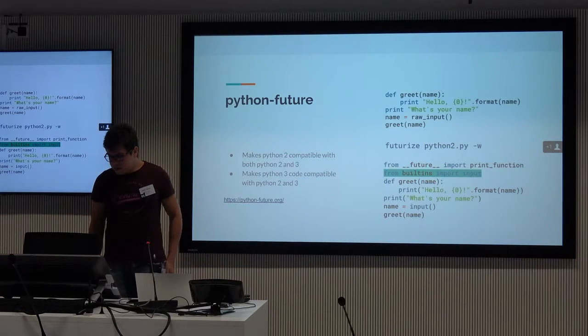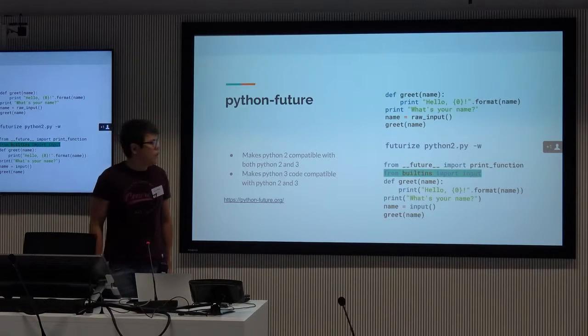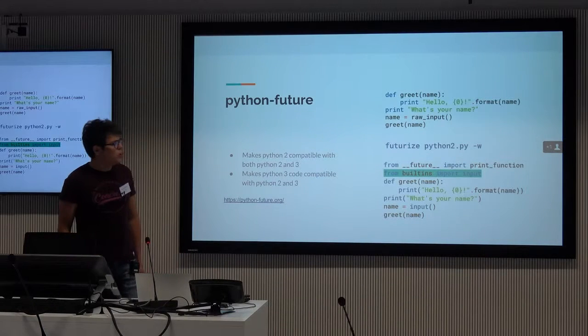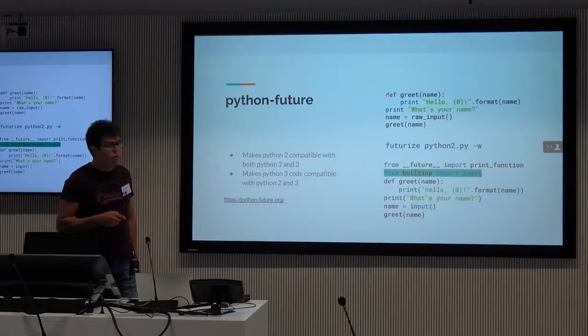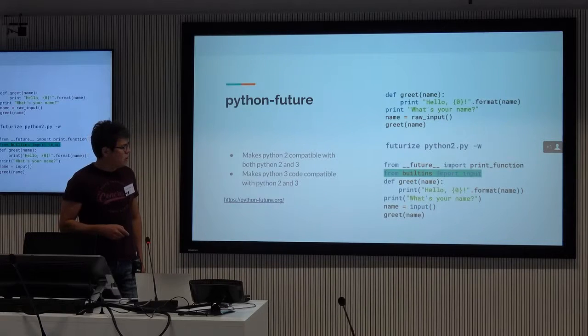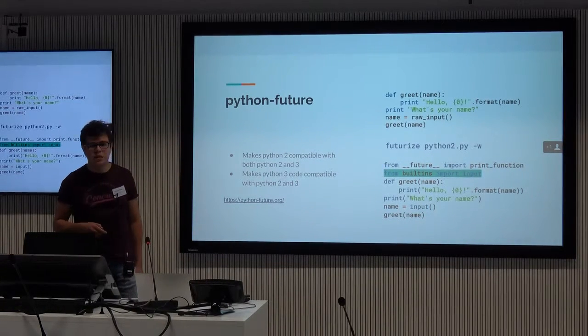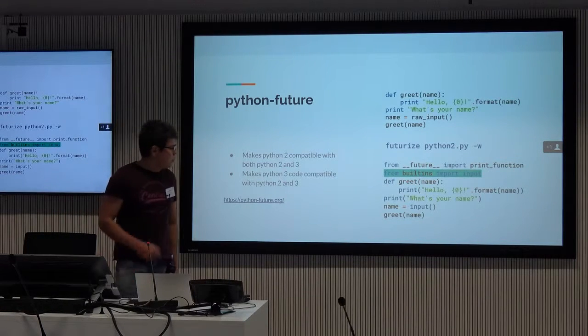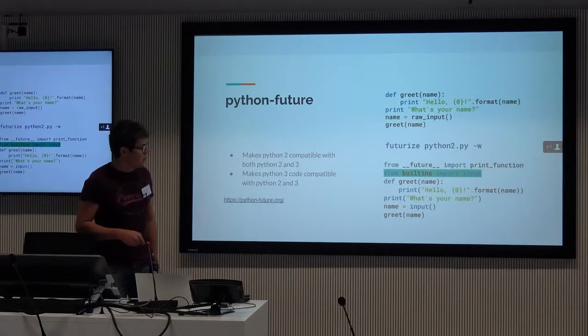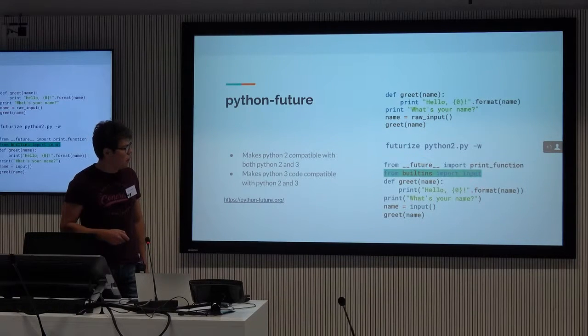There is another tool called python-future, and this tool will take in your Python 2 code, and it will convert it to Python 3 compatible code that is also compatible with Python 2 through this builtins package. For instance, input was called raw_input in Python 2, and in Python 3 it is called just input.